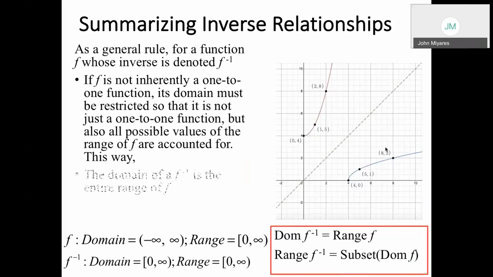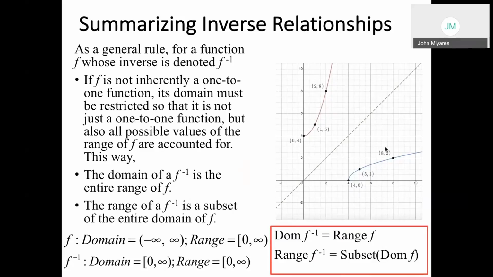This way, the domain of f inverse will be the entire range of f. This is important because I don't want to lose any parts of the red parabolas or the blue parabolas that would have had points potentially flipped over sideways. Also, the range of the inverse will be a subset of the entire domain of f.